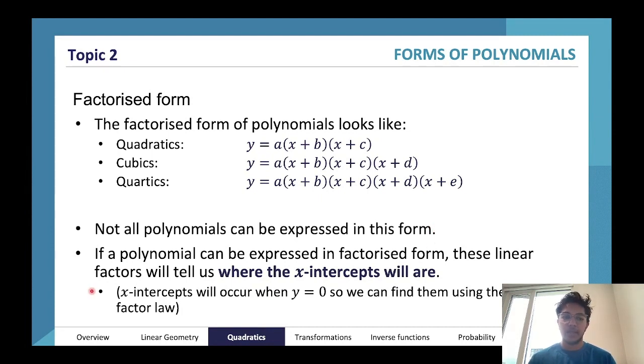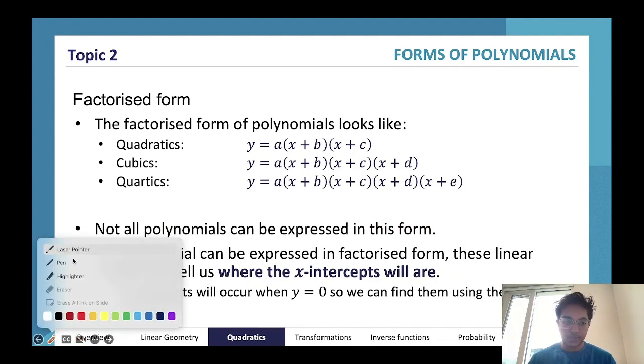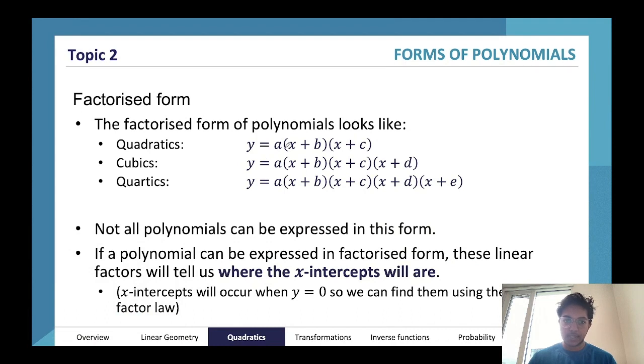And x-intercepts happen at y is equal to 0. So let's say the quadratic. I'm going to set y is equal to 0, and that's going to be equal to a times (x plus b) times (x plus c).